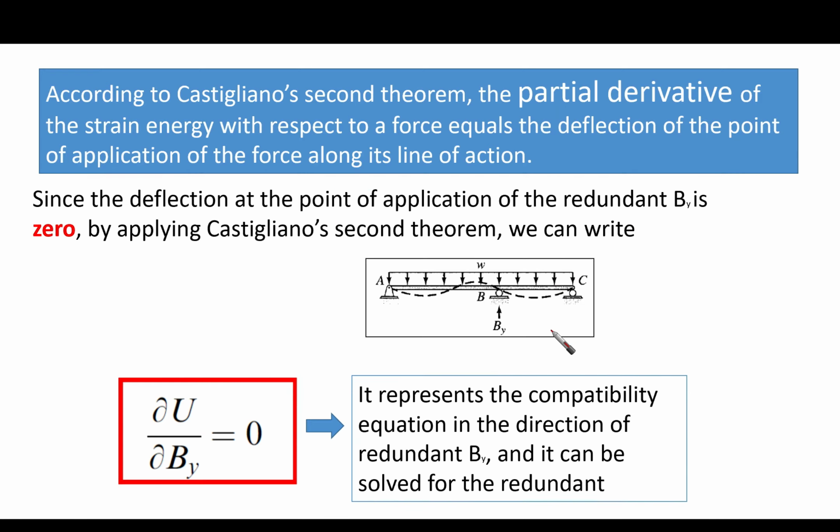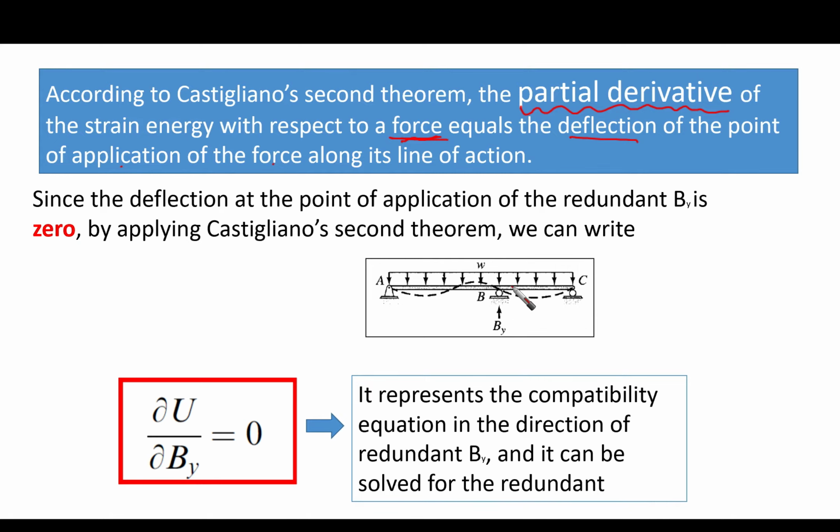Okay. Now, according to Castigliano's second theorem, this is the point: the partial derivative of the strain energy with respect to a force, which is our redundant, equals the deflection of the point of application of the force along its line of action. This means that here we are talking about the deflection at this point.